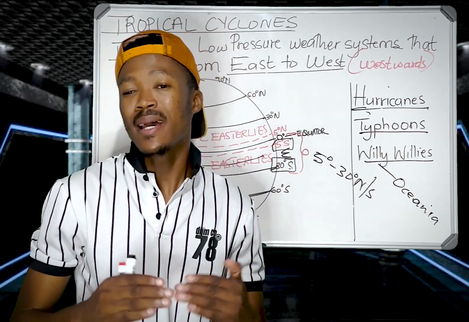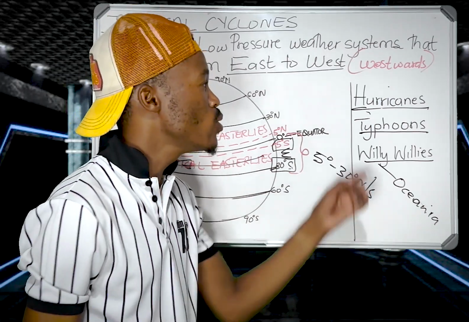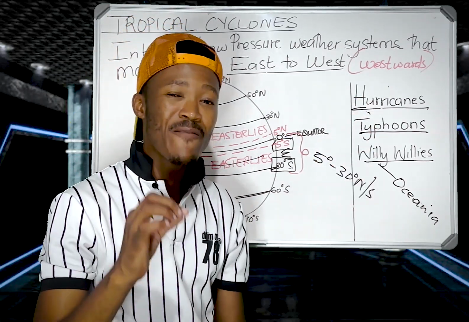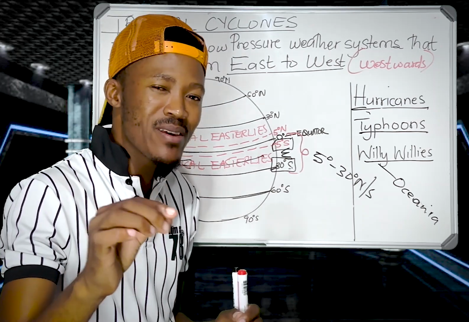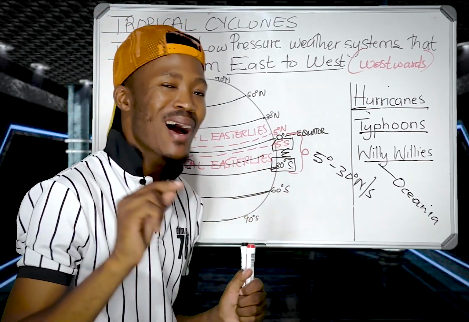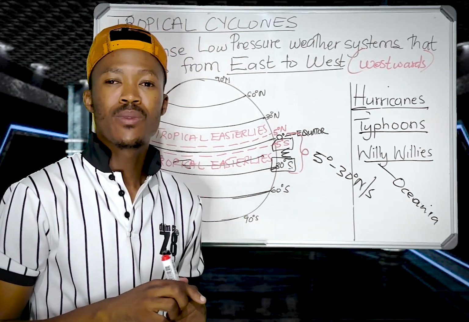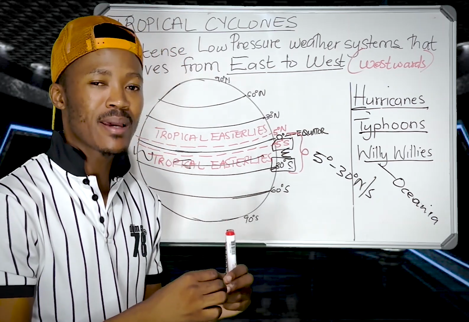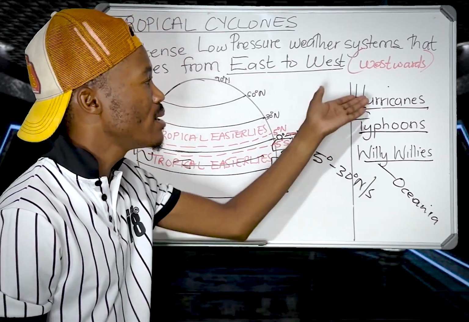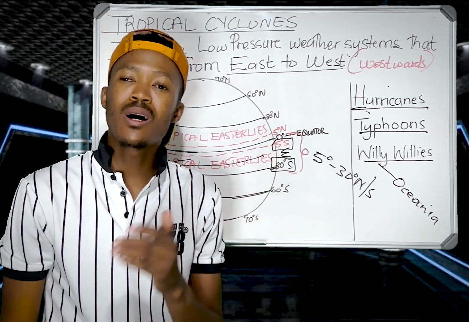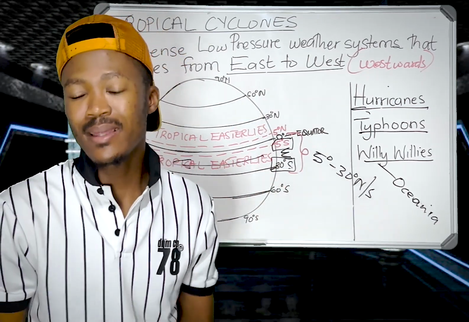Now, sometimes in an examination, they can use these names as a clue that will tell you about the hemisphere where these cyclones are taking place. When they use the term hurricane, then it is more likely that this cyclone is occurring in the northern hemisphere, since North America is located in that region.